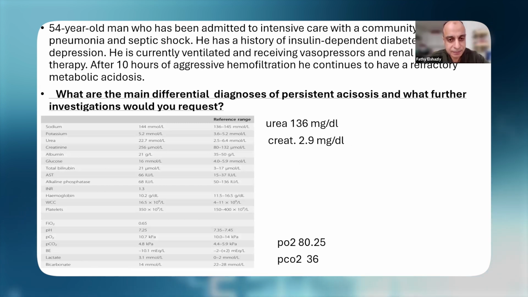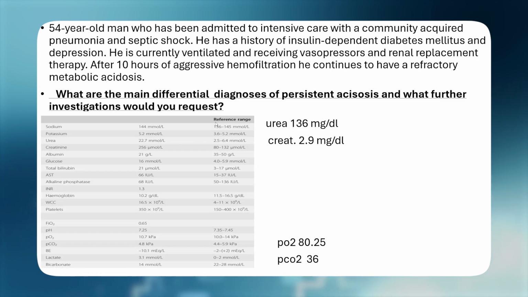A 54-year-old man has been admitted to intensive care with a community-acquired pneumonia and septic shock. He has a history of insulin-dependent diabetes mellitus and depression. He is currently ventilated and receiving vasopressors and renal replacement therapy.